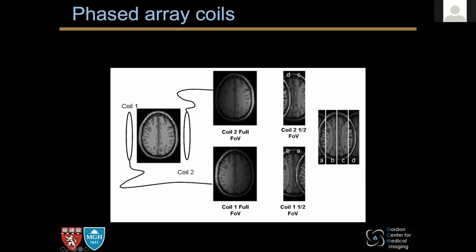Now, these are images with fully sampled data. And this is the image we acquired with only half of the sampling. Basically, we cover the same k-space range, but with a larger gap. As a result, we have aliasing from different positions of this image.